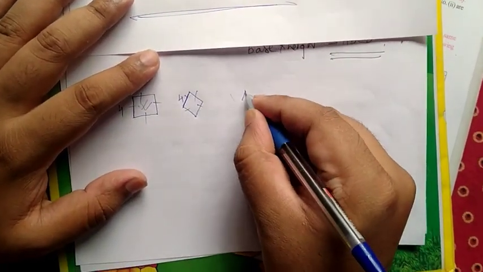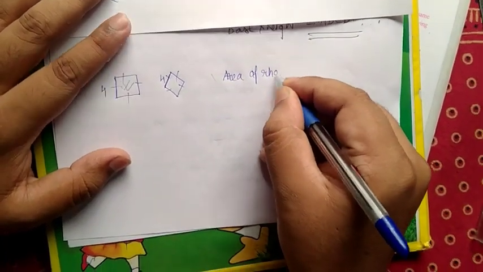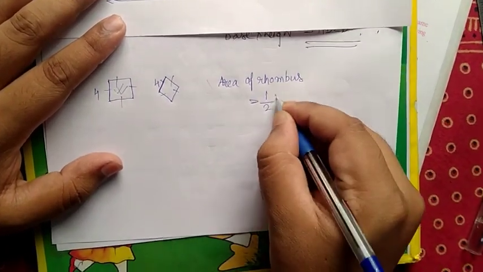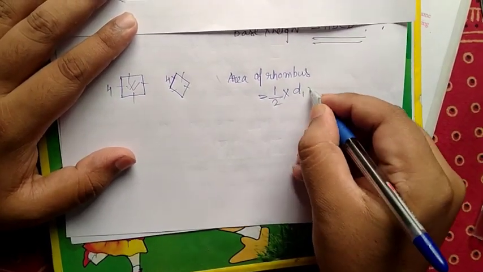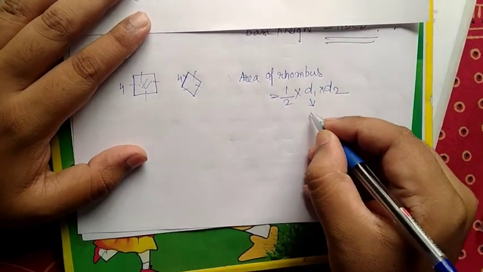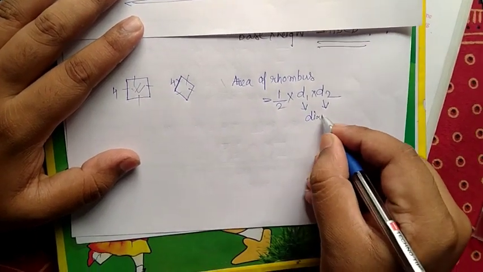So the area of the rhombus is half into d1 into d2, where d1 and d2 are the lengths of the diagonals.